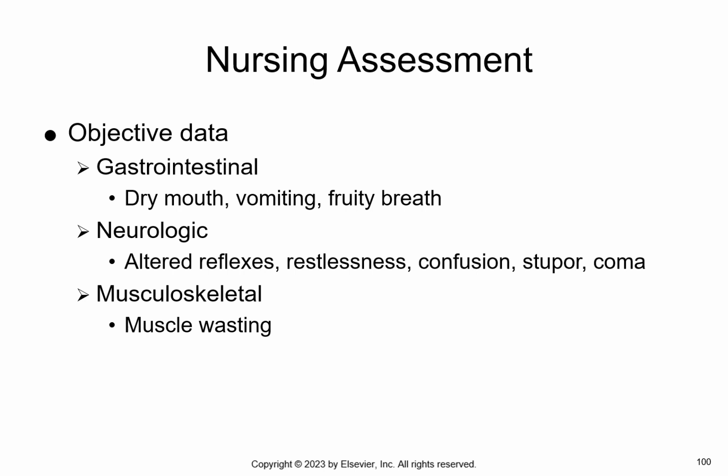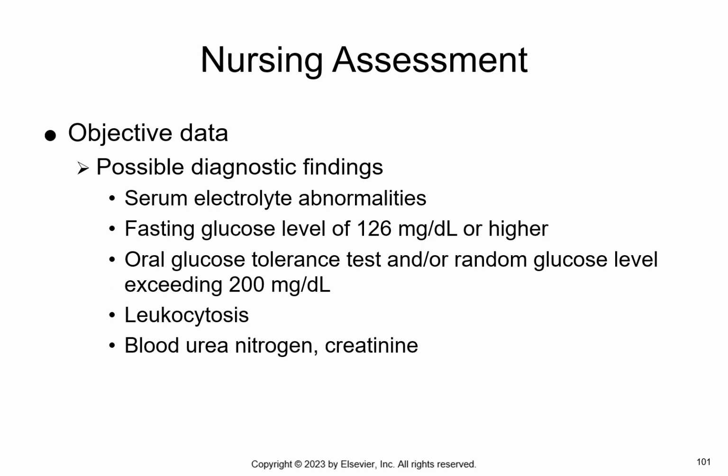You're now doing the actual physical assessment. Gastrointestinal: dry mouth, vomiting, fruity breath. Altered reflexes, restlessness, confusion, stupor and coma. Neurological: and is there muscle wasting? And you're going to look at those diagnostic tests and see what those values are. What are the serum electrolyte abnormalities?